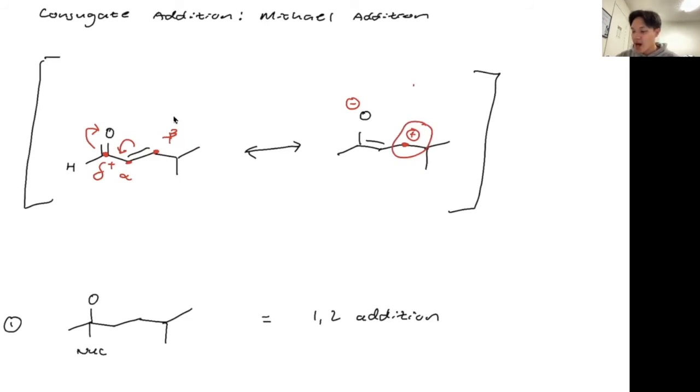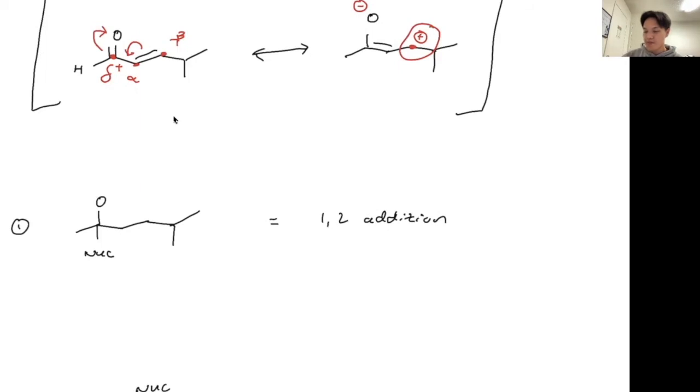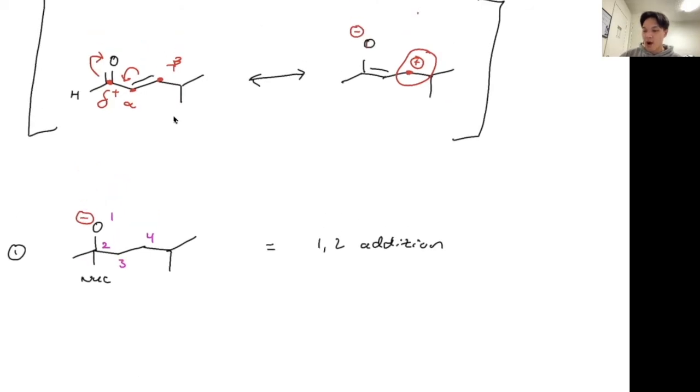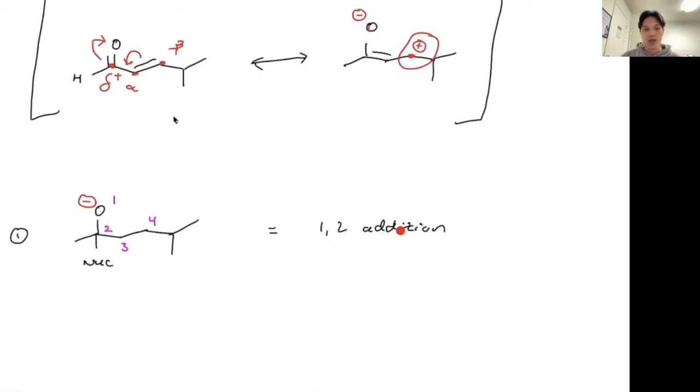So there is a naming system to this. The naming system starts: 1 is at the oxygen, 2 is at the carbon containing that oxygen, 3, 4, right? And if we attach a nucleophile to this 2 position, because there is this partial positive on the carbon containing that oxygen, on carbonyls, it's called a 1-2 addition, right?